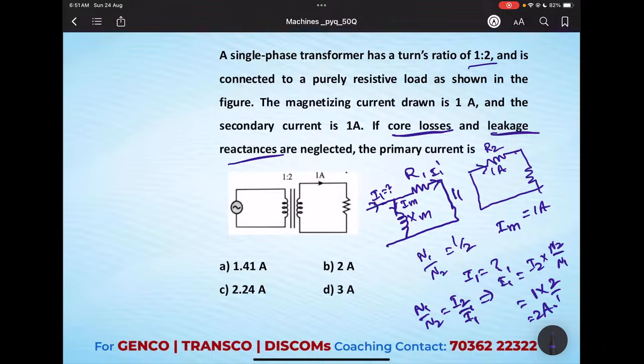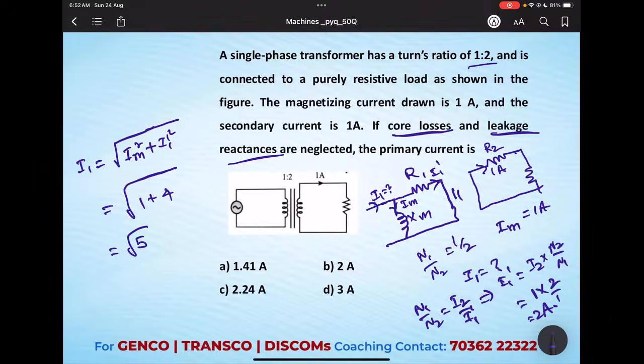The resultant current I1 is the square root of Im square plus I1 dash square. Is it clear? Im is given as 1, so the square is 1, and I1 dash square is 4. It is the square root of 5. If you observe the options, the nearby option is C. The answer is 2.24 amps. The primary current is going to be 2.24 amps.